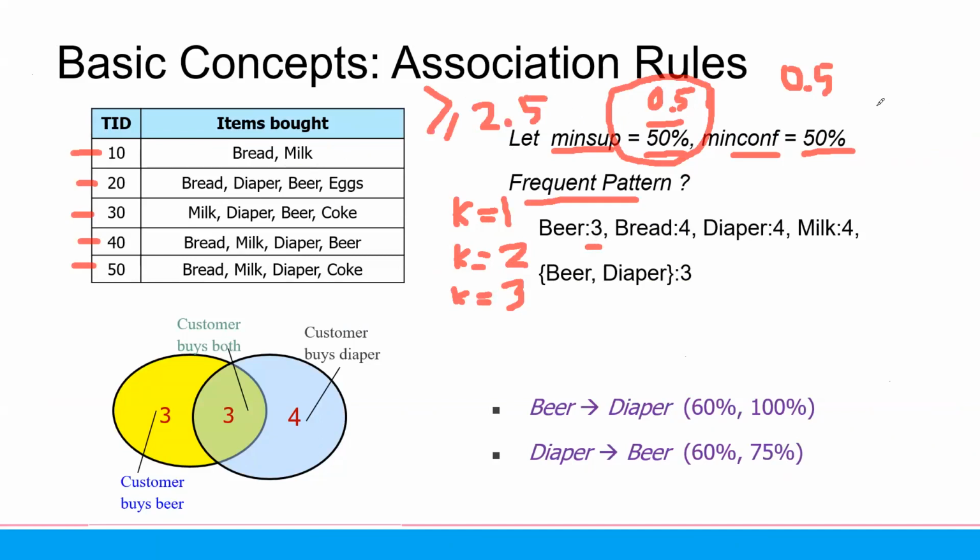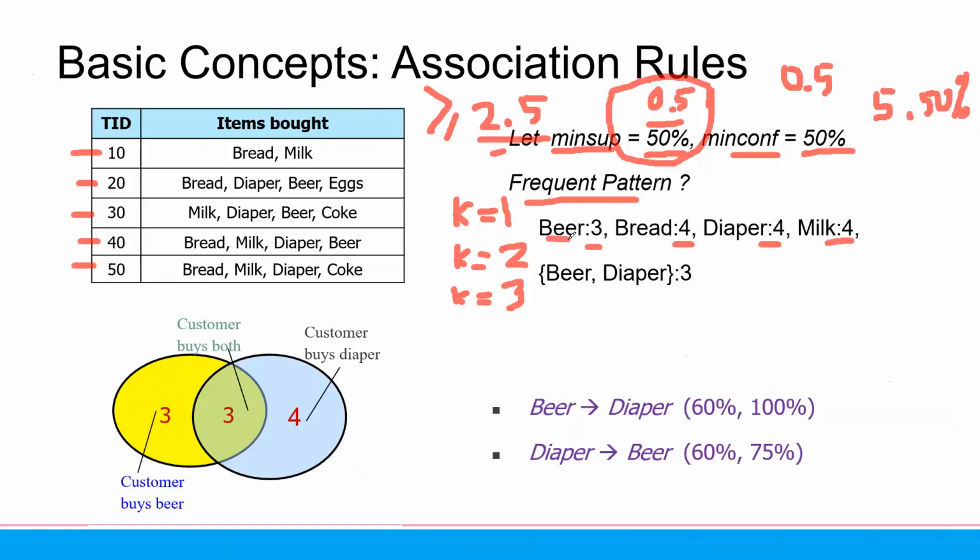Because we have 5 transactions and we want to get only 50% of these 5 transactions. So 50% of 5 is 2.5. So every count which is higher than 2.5 will be in the frequent pattern.